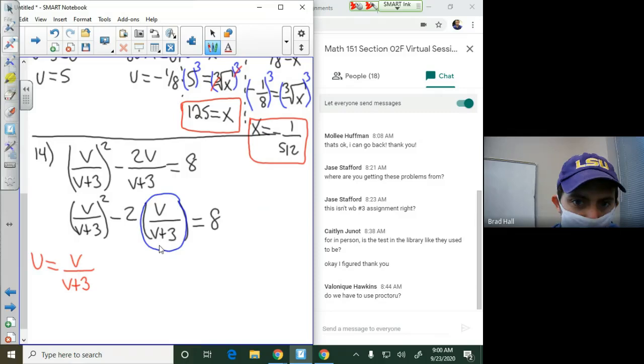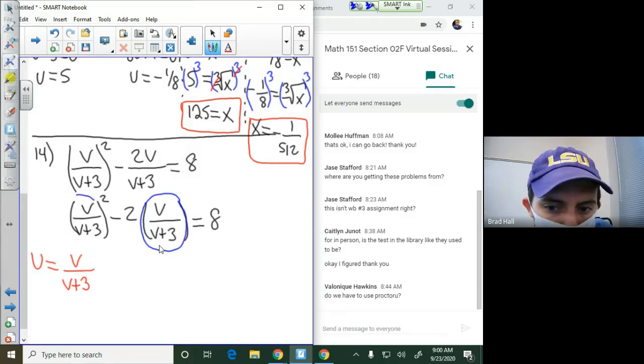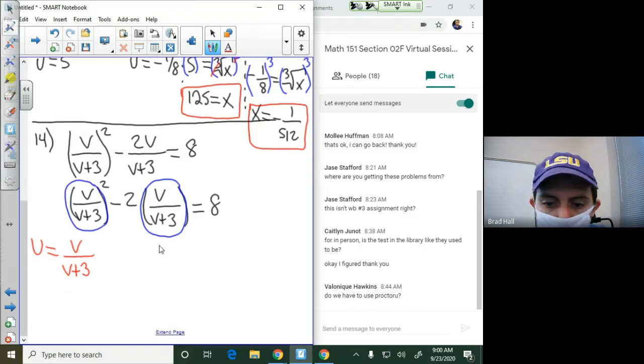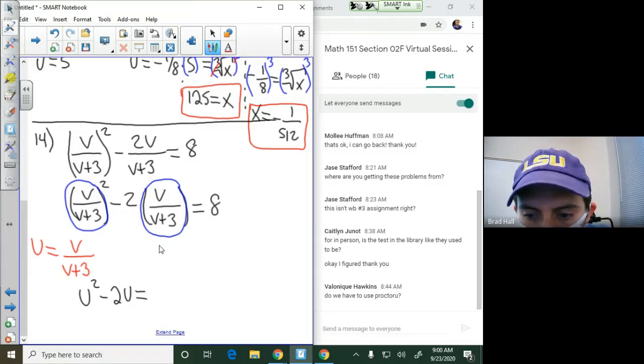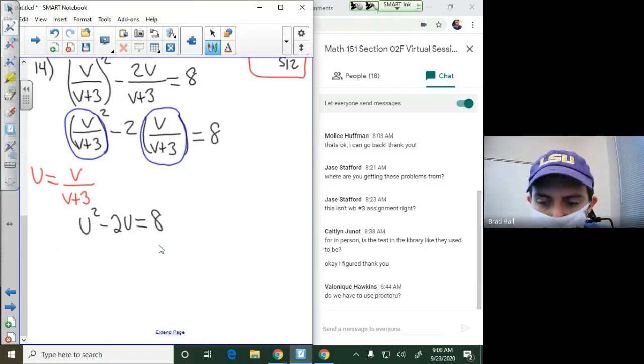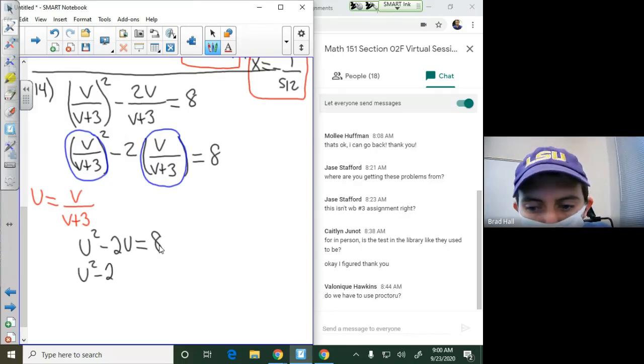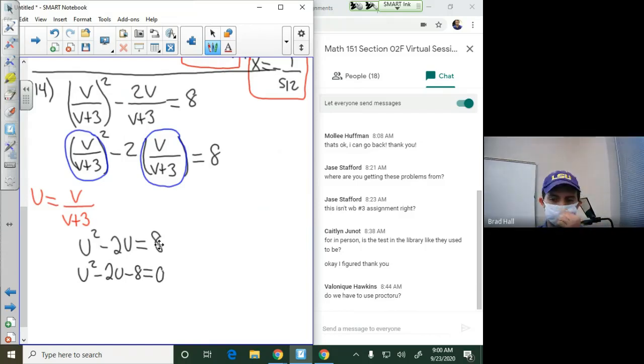And by replacing all instances of that with u, what we end up obtaining is now u squared minus 2u is equal to 8. So it cleans up very nicely. u squared minus 2u minus 8 is equal to 0.